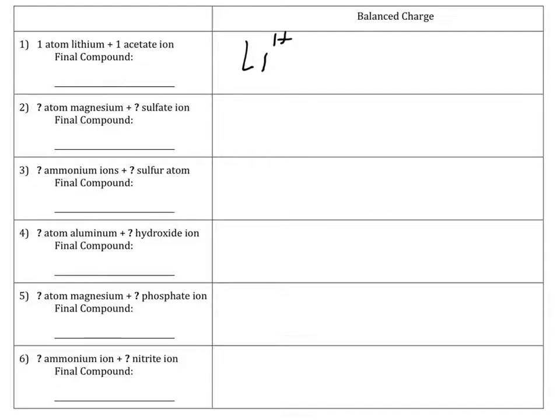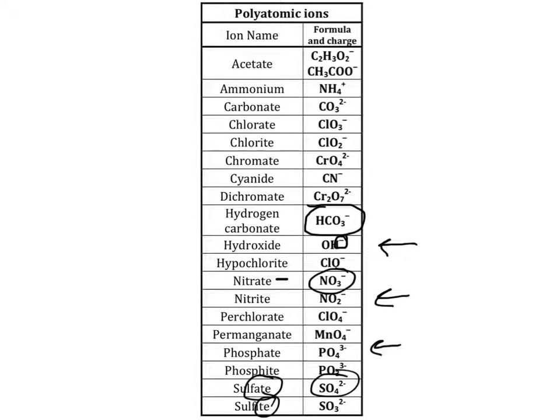Now acetate, here's what you need to recognize. If it ends in ate with a T or an ite, like this one, it's going to be on your polyatomic ion sheet. And so acetate is right here. Now there's two ways to write acetate, all right? So you can write them either way, it doesn't matter. Notice they're the same thing. The only difference is you either write O2 or you write OO.